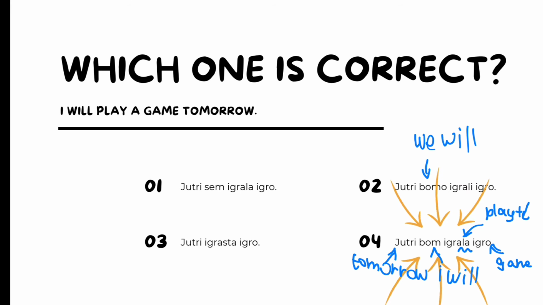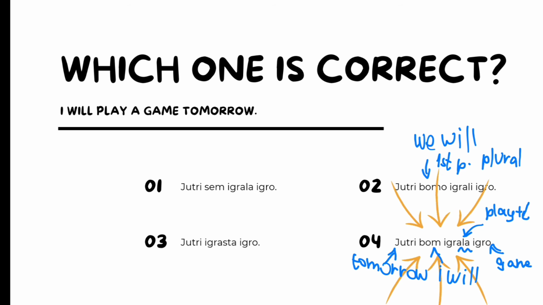So you were close if you chose that, and that shows that you've been paying attention. But this is first person plural. And this is first person singular. That's the difference.